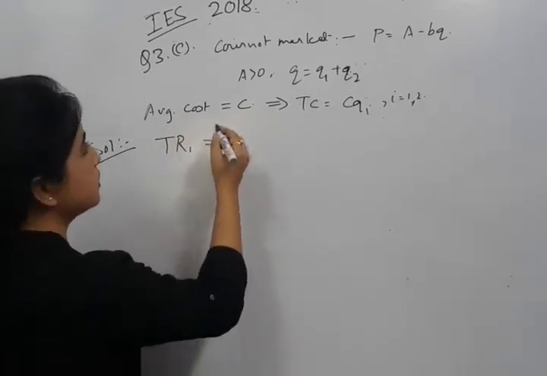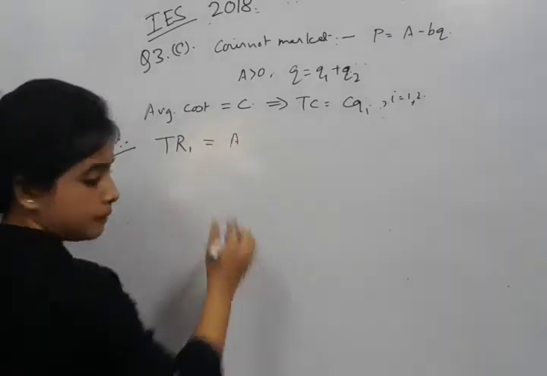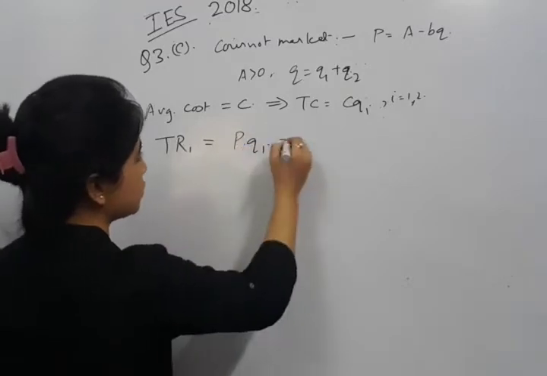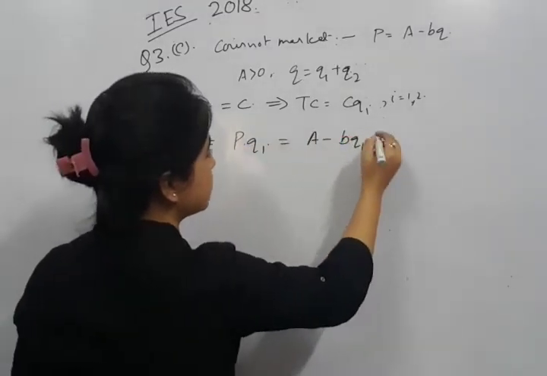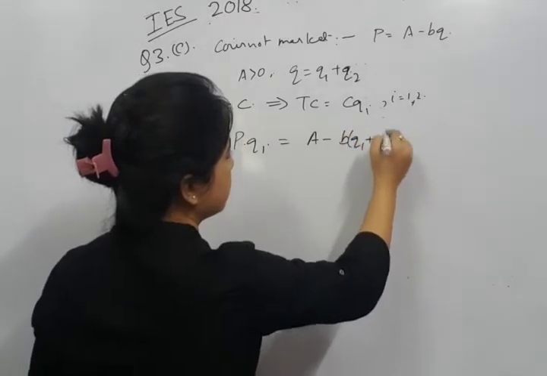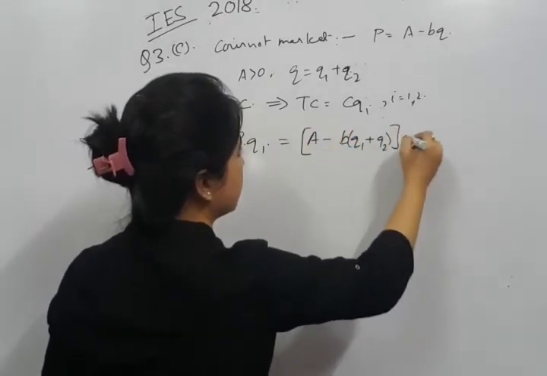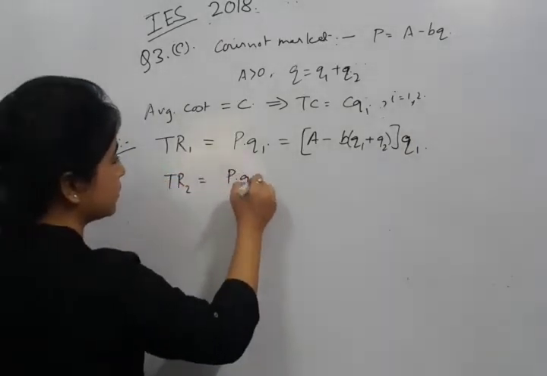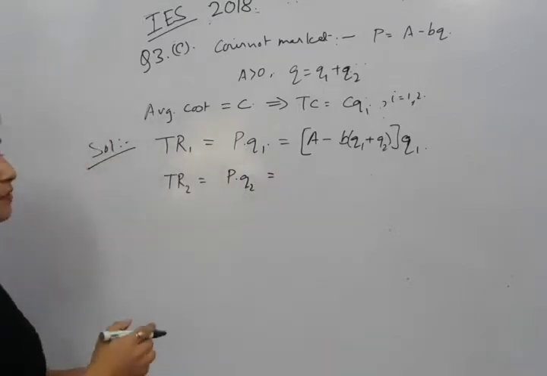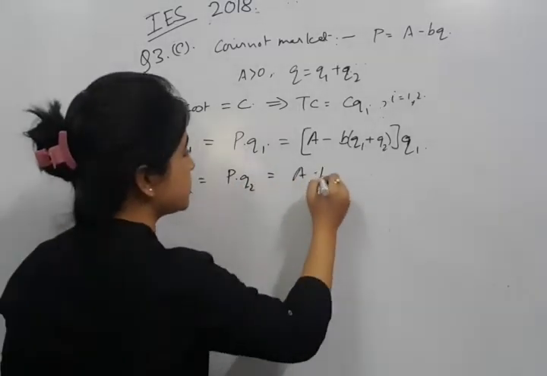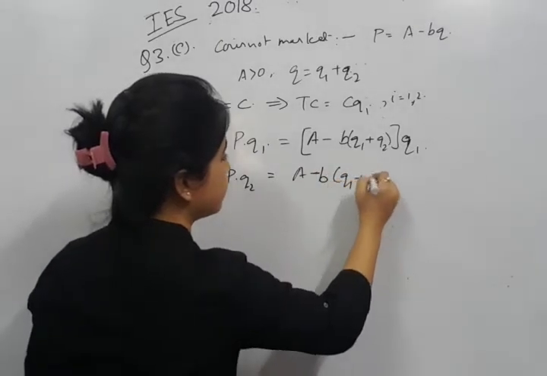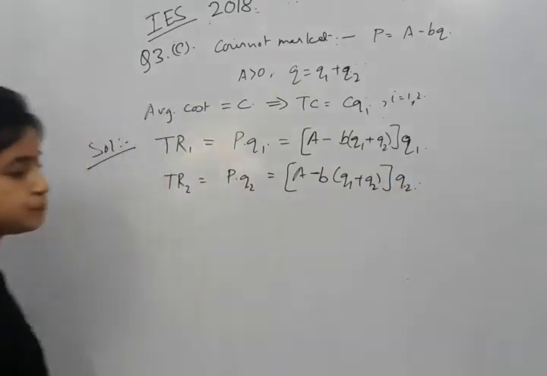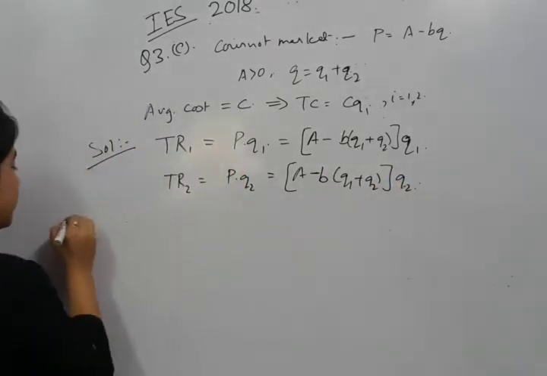So total revenue is P into Q1, and here P is this whole thing into Q1, and here we have total revenue for firm 2. So this is A minus b(Q1 plus Q2) into Q2, right?